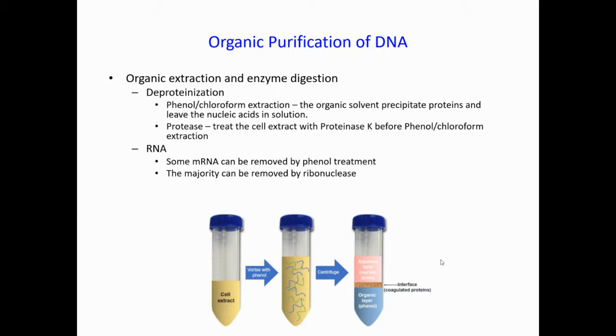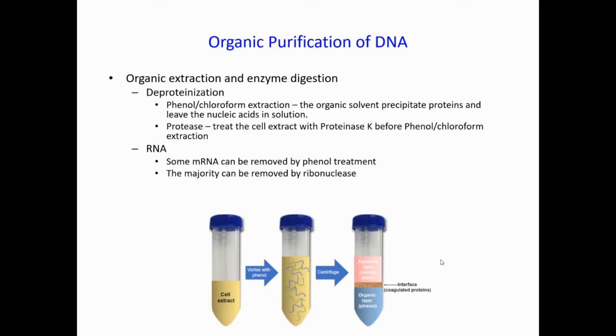And then after that, the upper aqueous DNA-containing layer is now pure and can be further concentrated. A high concentration of salt, like 0.3 molar sodium acetate, in the presence of 2.5 volumes of 100% ethanol, or 1 volume of isopropanol at minus 20 degrees or below, can precipitate the DNA.